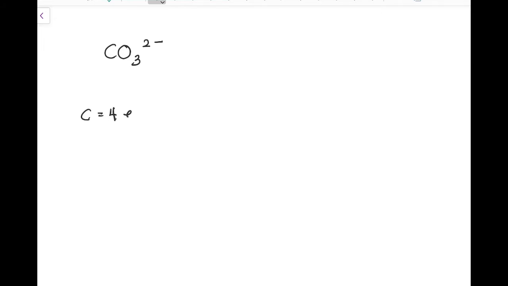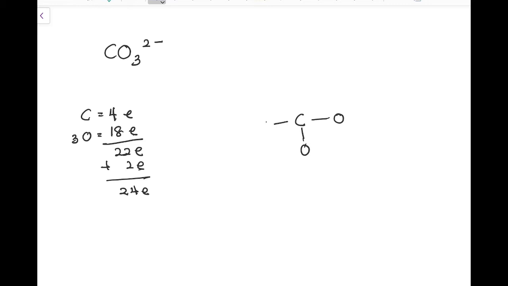Carbon has 4 electrons, 3 oxygens have 18 electrons, that is 22 electrons, plus 2 electrons becomes 24 electrons. So this is the Lewis structure for carbonate.